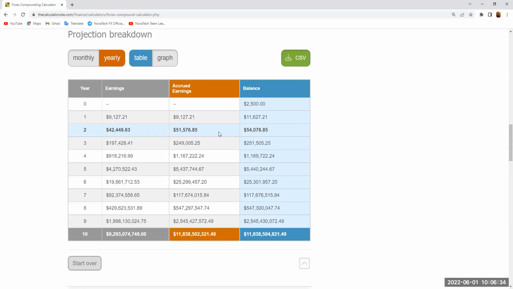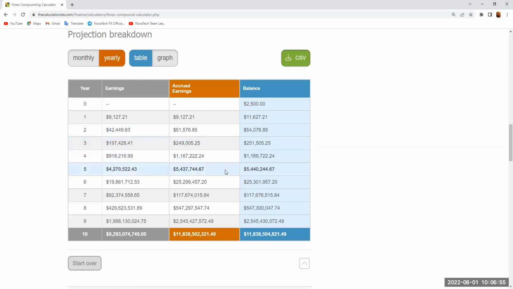And we reinvest our profit. Because this has the feature of compounding, right? Our monies are growing exponentially. This is super fantastic, nothing short of a blessing.